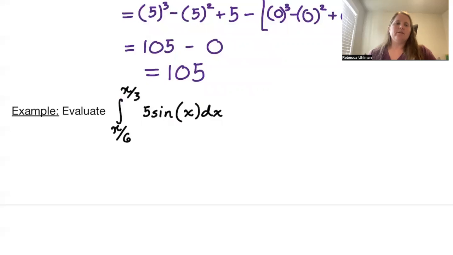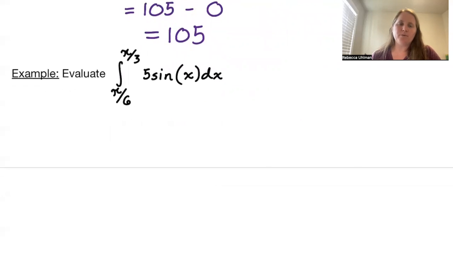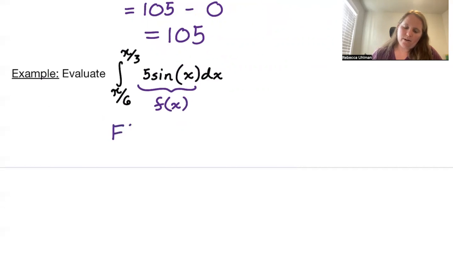For another example, let's go ahead and evaluate the definite integral from pi over 6 to pi over 3 of 5 sine of x dx. Again, this 5 sine of x is acting as our lowercase f of x. We have our capital F of x must be an integral of 5 sine of x dx.